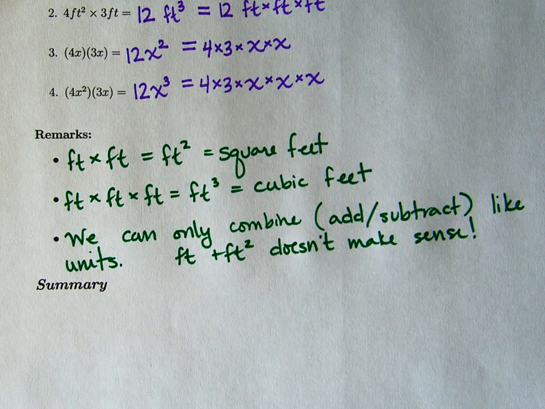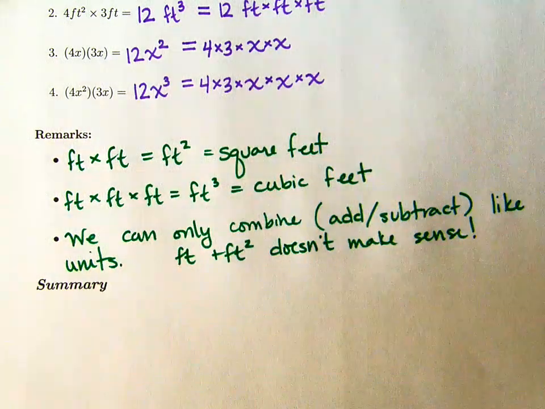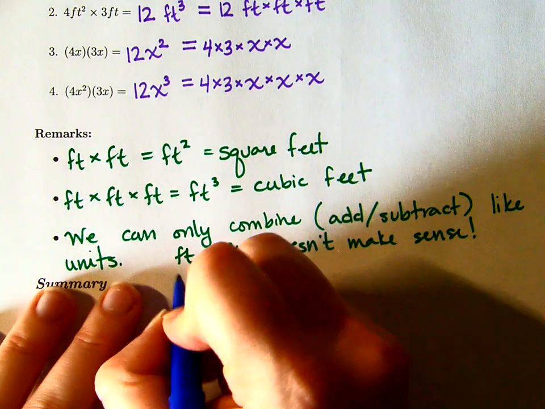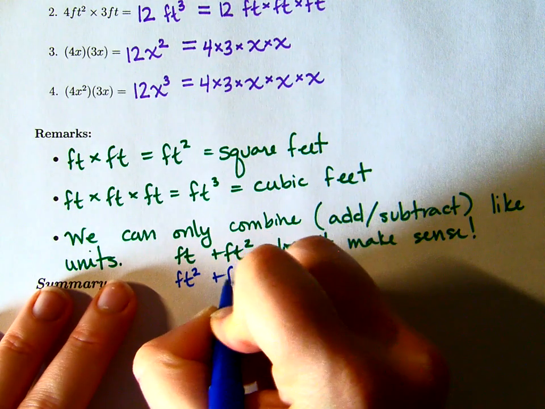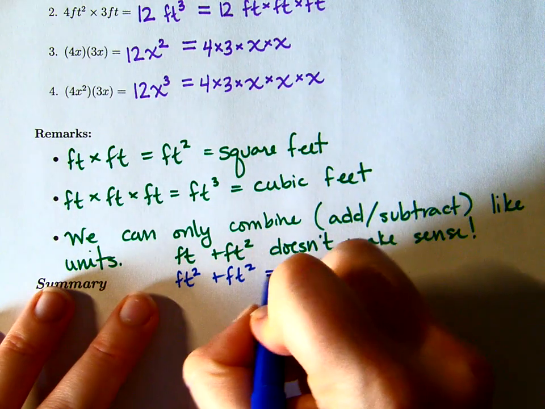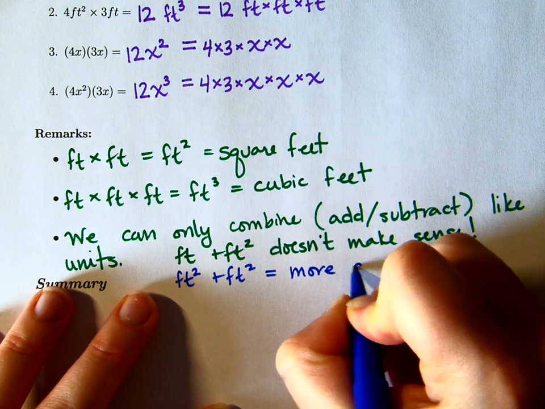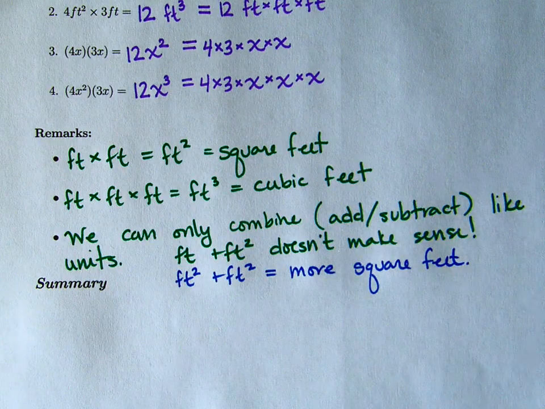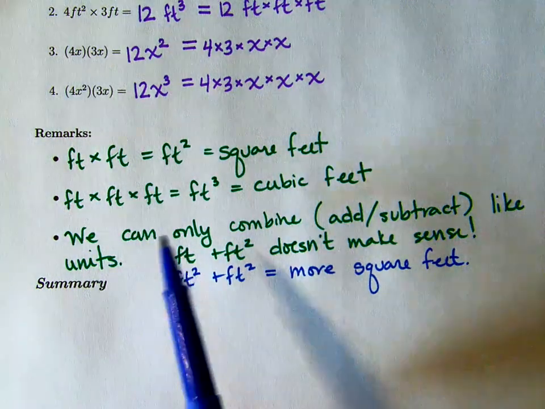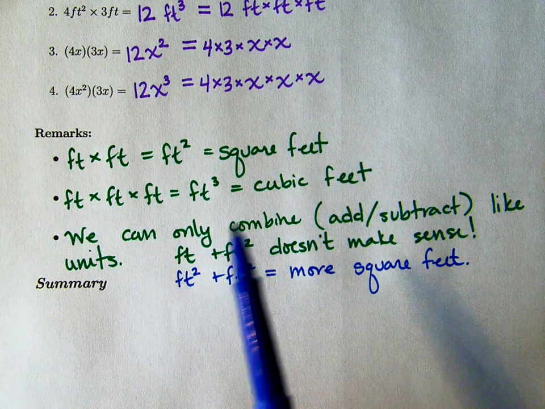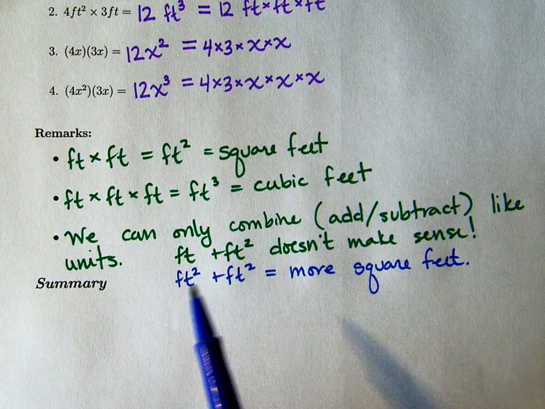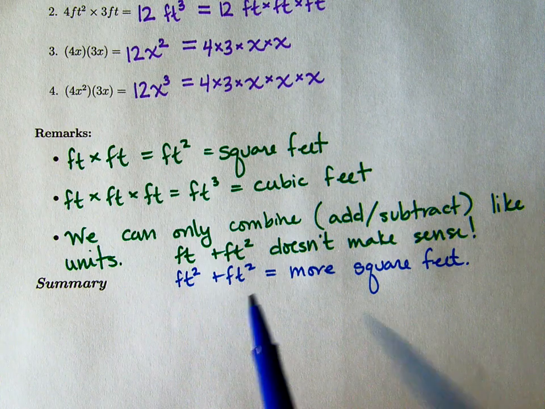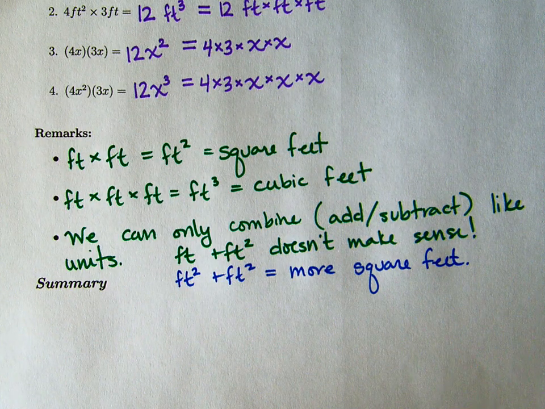But we can, if we need to, add areas plus areas, because we actually do that quite often. More square feet. Okay, so in the context here, we don't really do linear feet plus square feet, but we do square feet plus square feet. Some area plus some more area is more square feet.